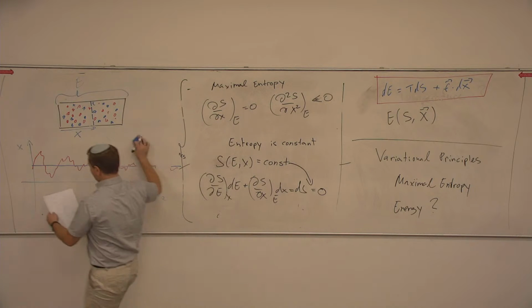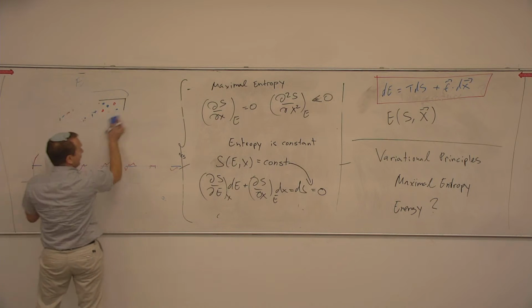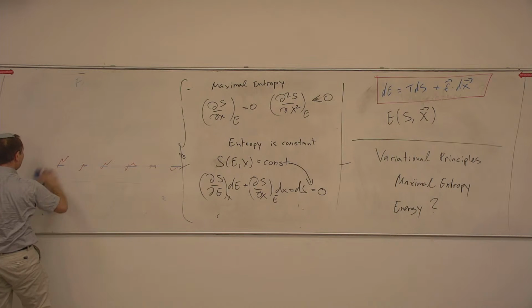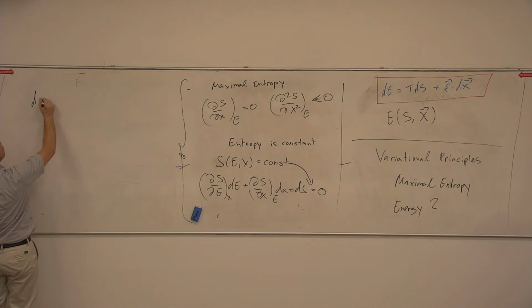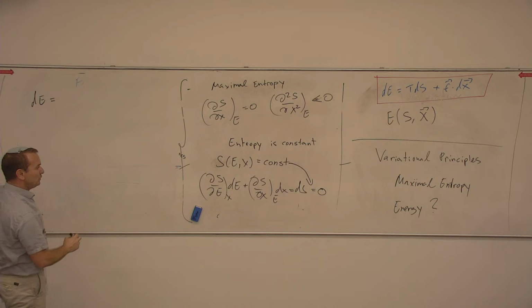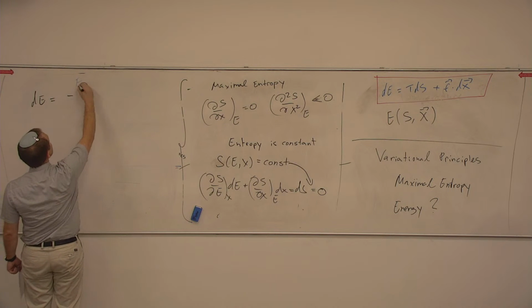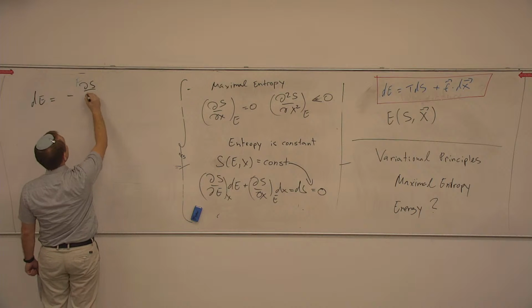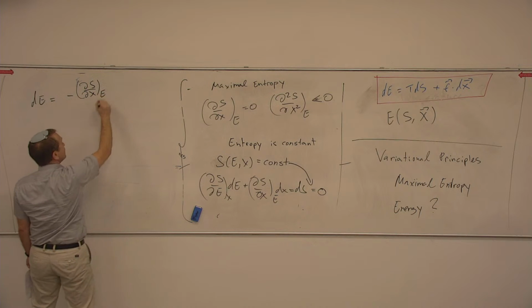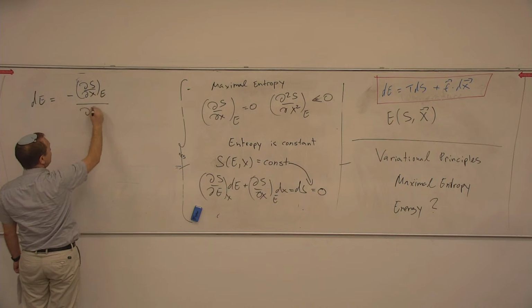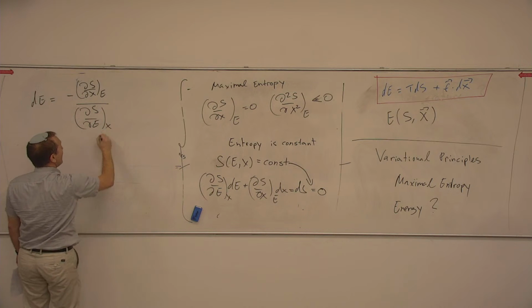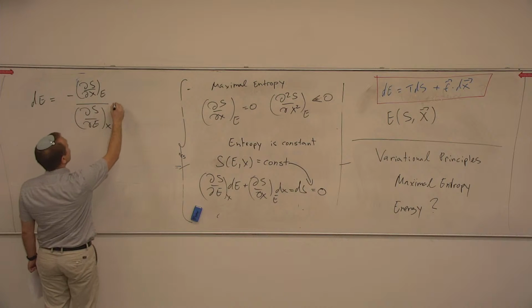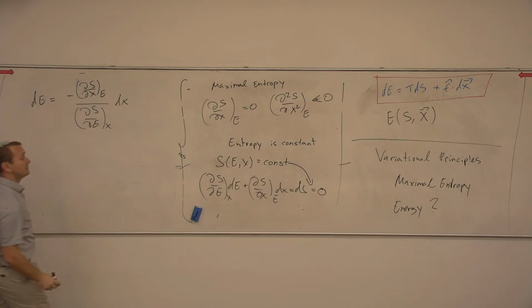Great. So out of this equation, we get the following: dE equals minus (ds/dx at constant energy) divided by (ds/dE at constant x), multiplied by dx.